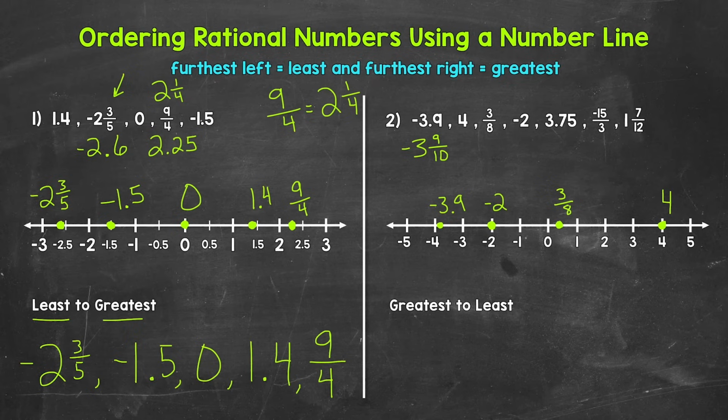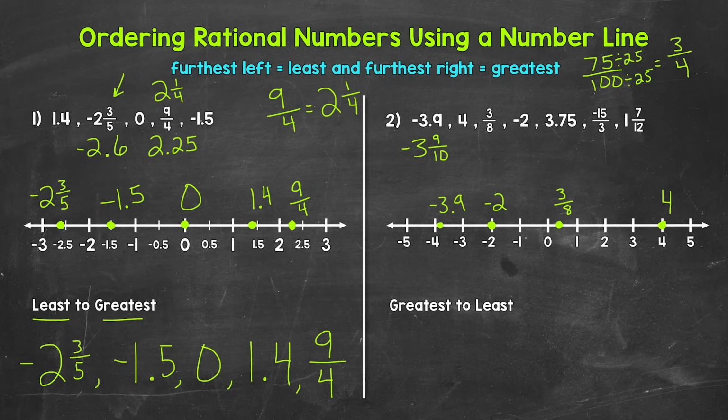Next, we have 3 and 75 hundredths. So let's convert this to fractional form. 75 hundredths, written as a fraction, is 75/100, but we can simplify this. The greatest common factor between 75 and 100 is 25. So let's divide both of these by 25. 75 divided by 25 is 3. 100 divided by 25 is 4.